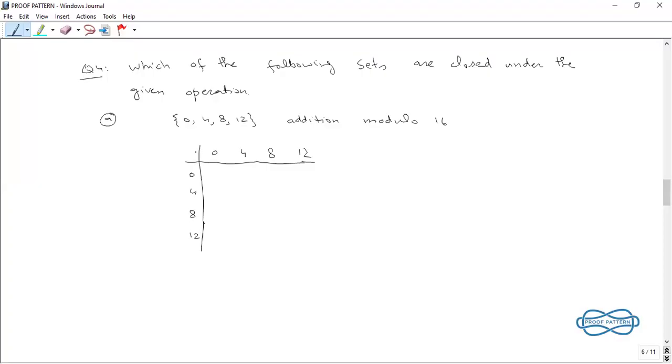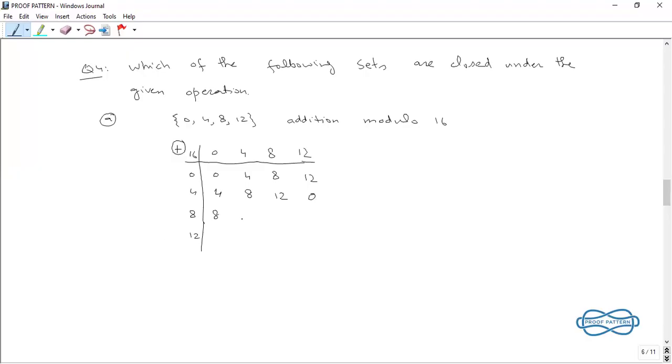Here the addition is modulo 16. When we add 4 to 0, we will get 4, and when we add 4 to 4, we will get 8, 12, and when we add 4 to 12, we will get 16, and that is 0 under modulo 16.